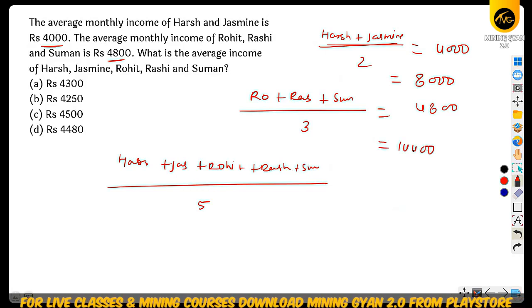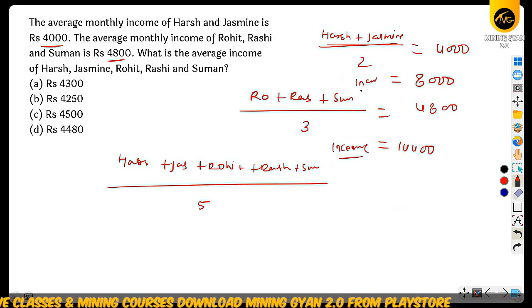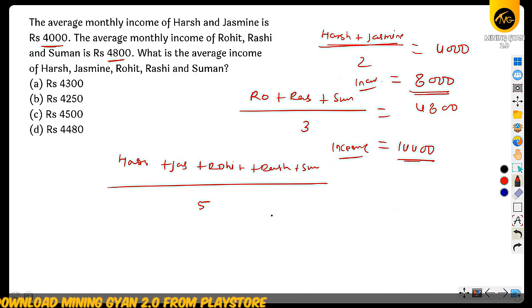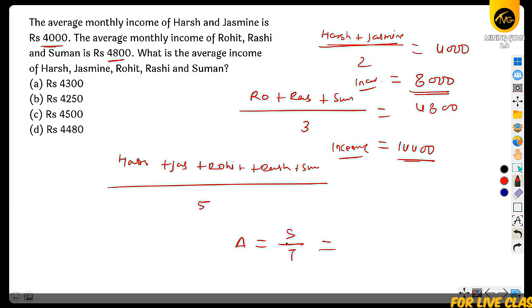That means 14,400. So income of these three and income of these two, we already have 8,000 and 14,400. Now just use the formula of average, that is sum divided by total.